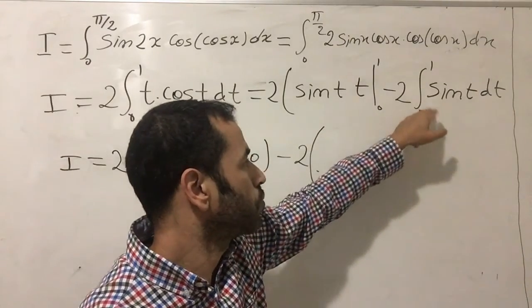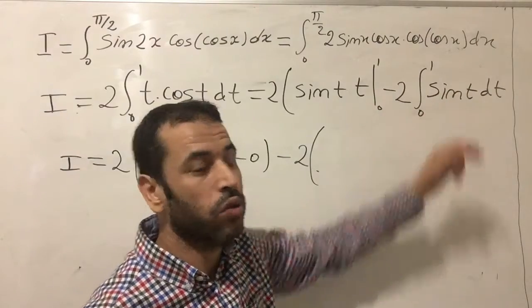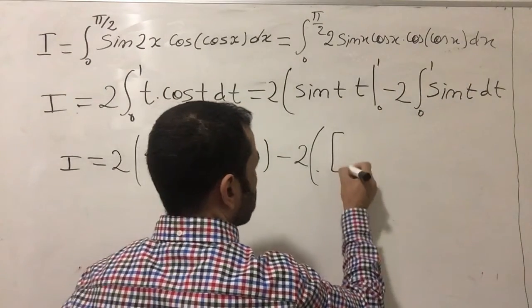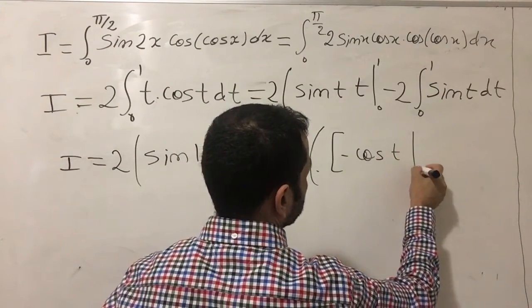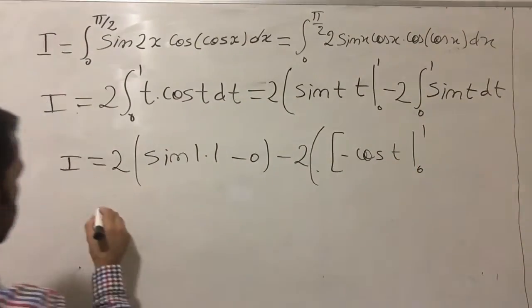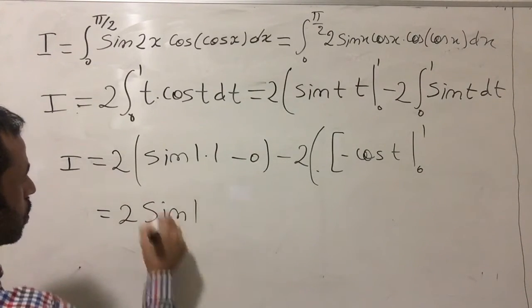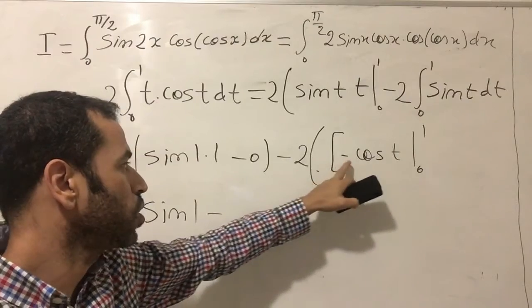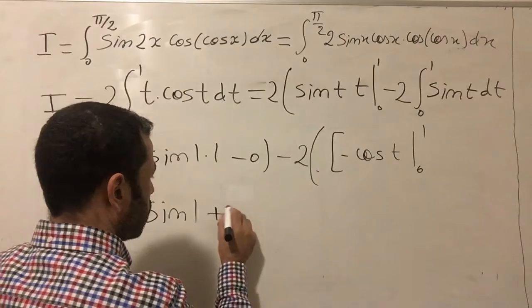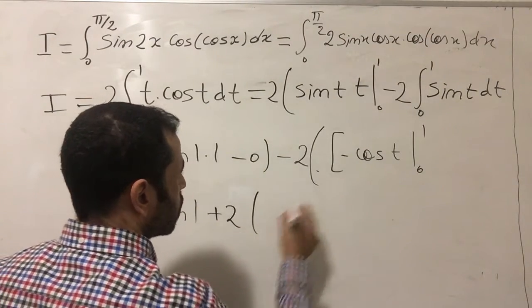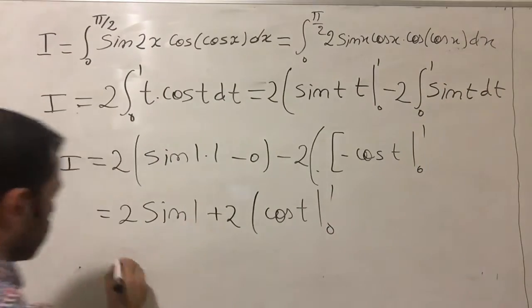The original function of sine t will be minus cosine t. So we'll have minus cosine t, with the bounds from 0 to 1. So 2 sine 1 for the first part, minus 2 multiplied by minus gives plus 2 cosine t, with the bounds from 0 to 1.